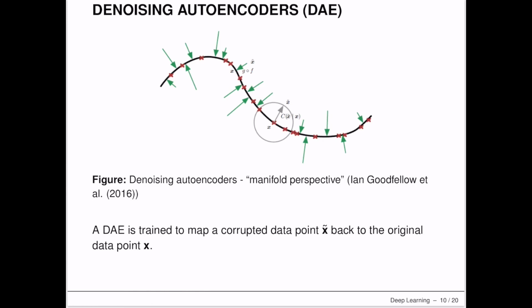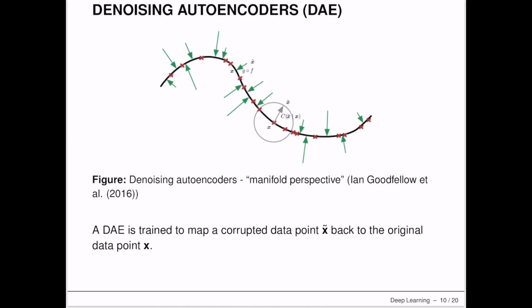Now, geometrically, we can think about what this corruption and reconstruction means. Here, this black line is our data manifold, the region or the manifold the data lies on. The red crosses are our training data.